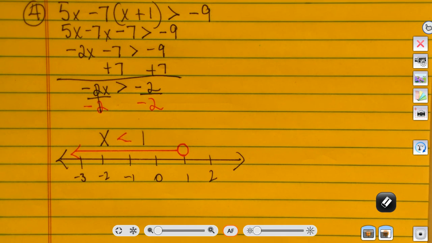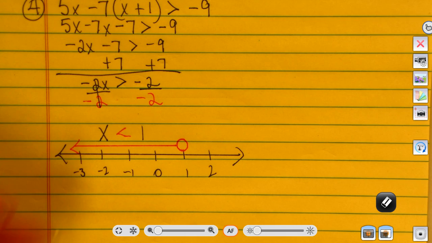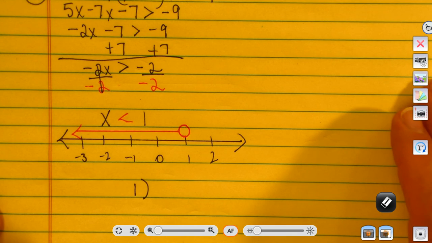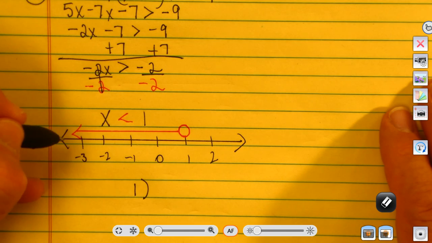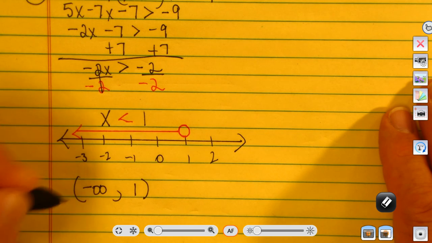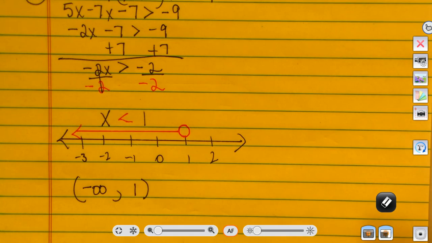I want to write that answer in interval notation, so I'm going to include 1 with a parenthesis because it's not equal to it. And it goes to the left, so that's negative infinity, where all my negative numbers are. So in interval notation it's negative infinity and 1.